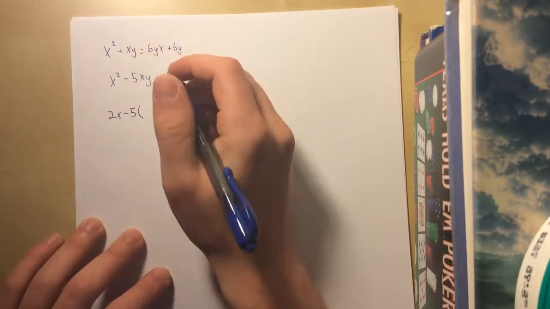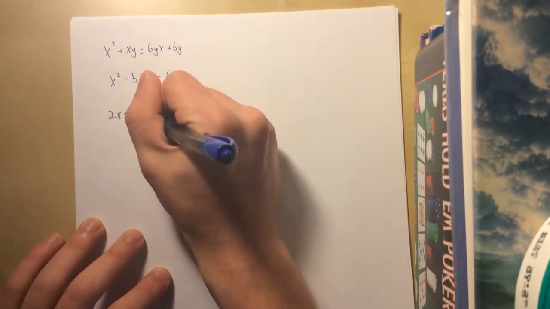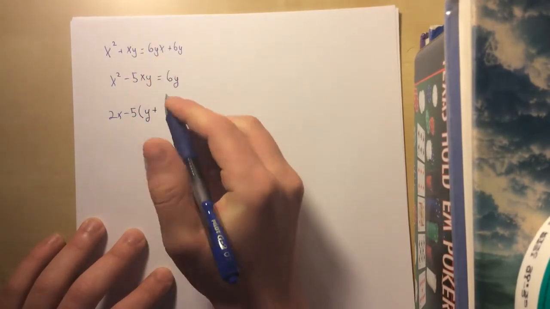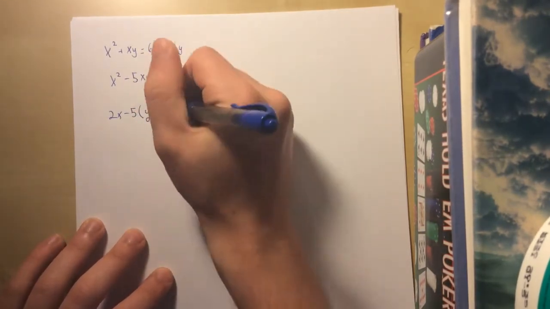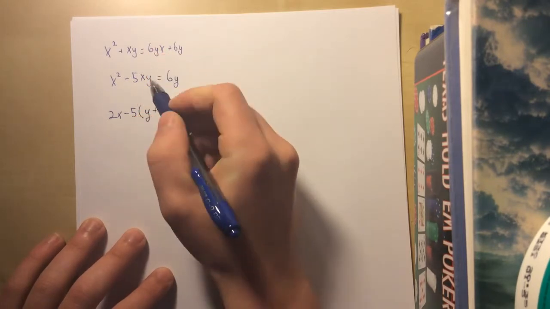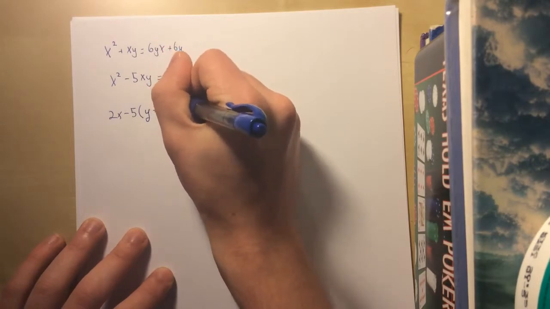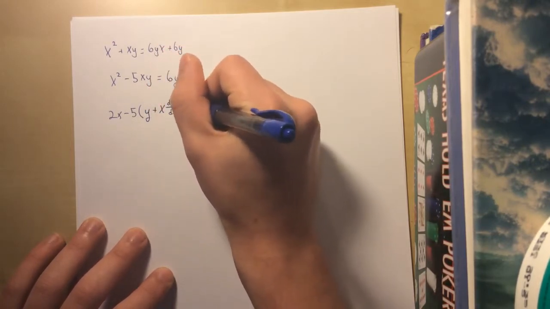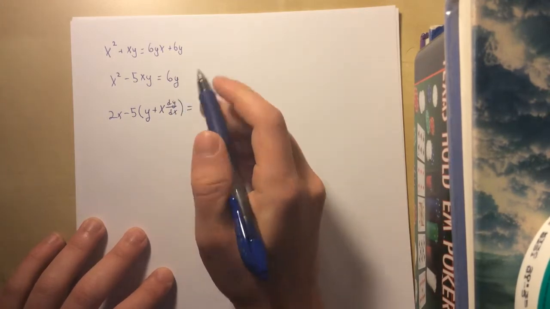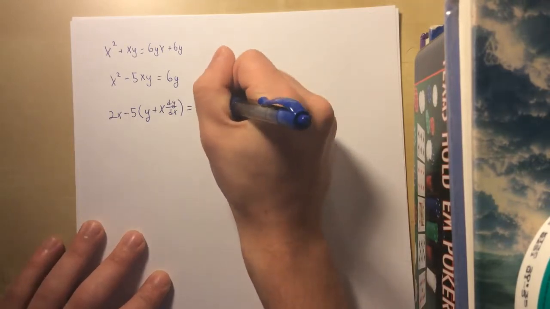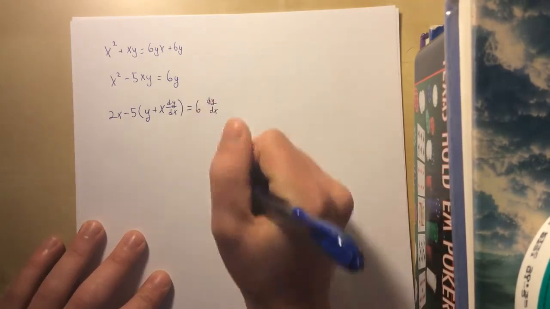So we take the derivative of x, which is 1, times y, plus the derivative of y, which is 1 times x. But once again, since we took the derivative of y, we just need to multiply by dy dx, and that equals the derivative of 6y, which is 6, and once again we took the derivative of y, so dy dx.